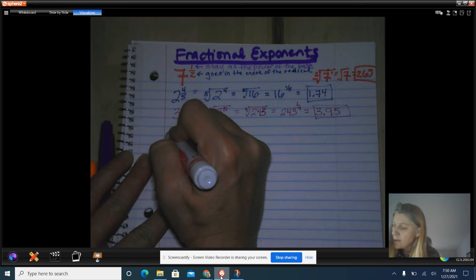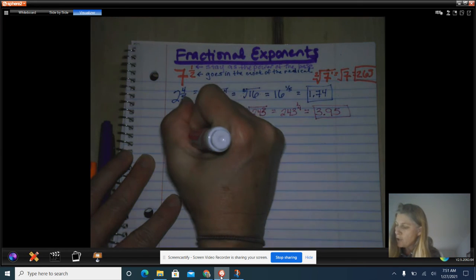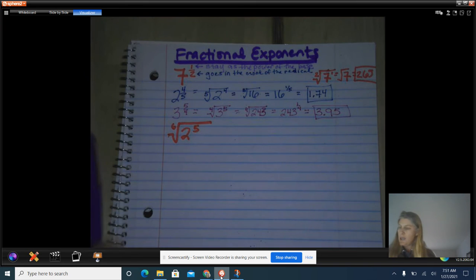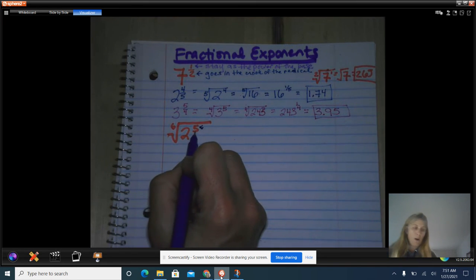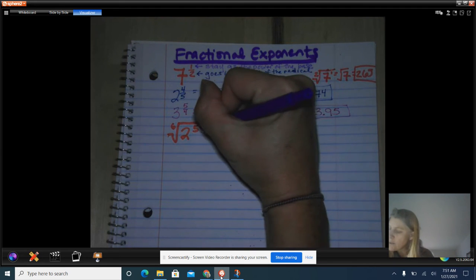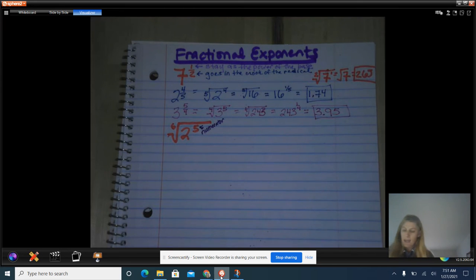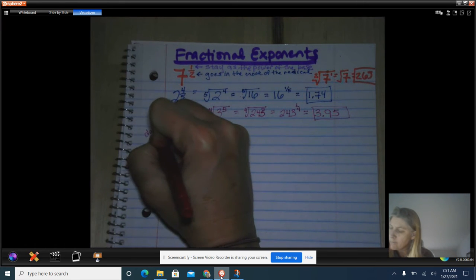So let's go ahead and take a look at the 6th root of 2 to the 5th power. Okay, so we're going to rewrite this as a fractional exponent, and we're going to analyze these items once again. So once again, the power of our base is going to be our numerator, and the number in the crook is going to be our new denominator.